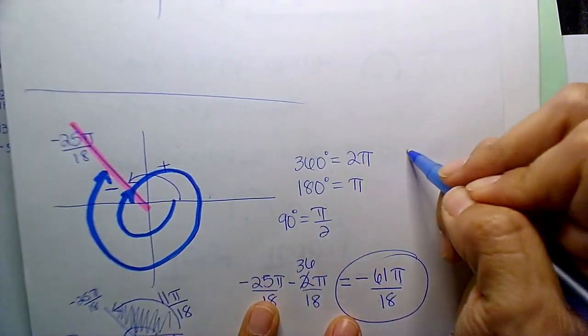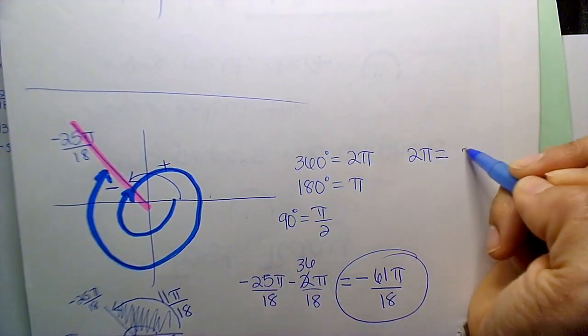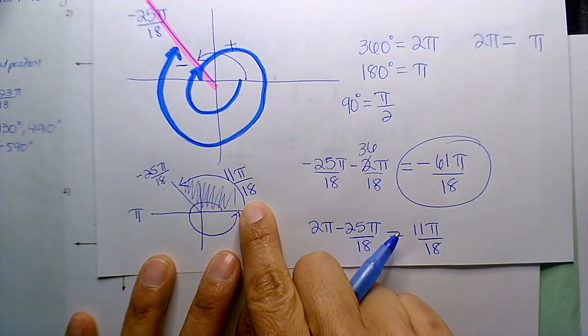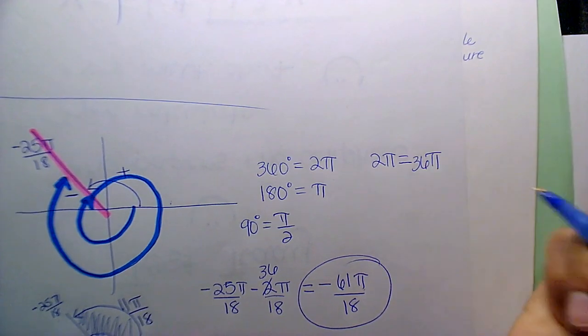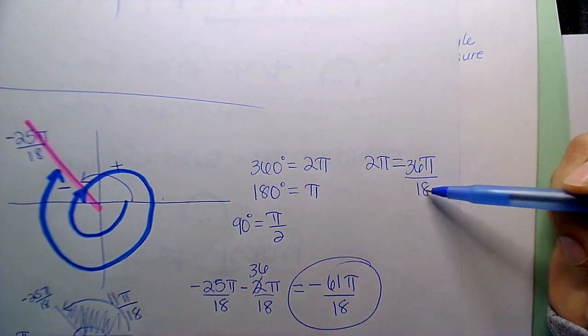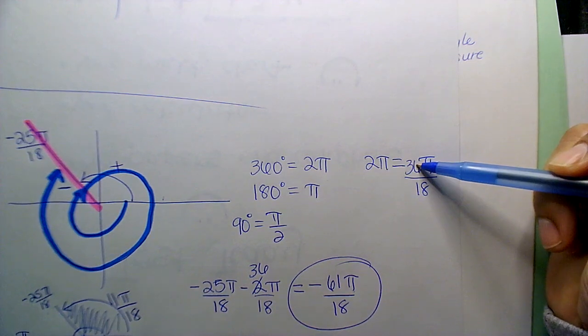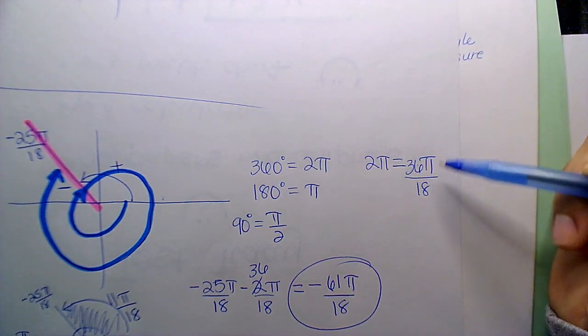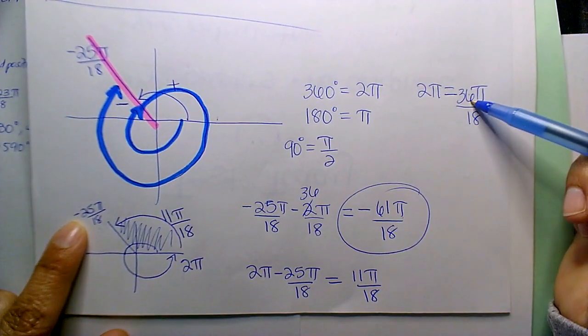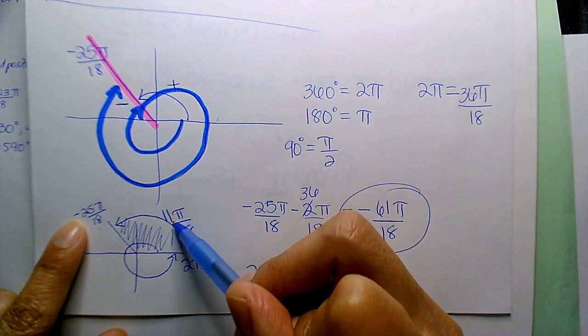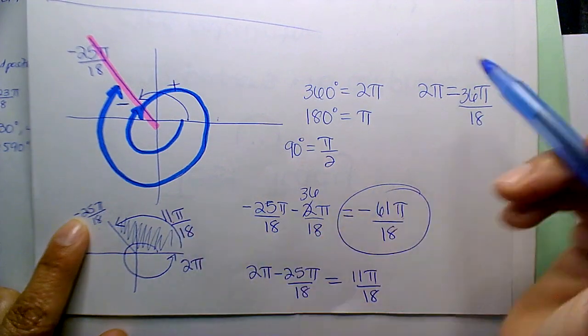Because look, what's 2 pi? 2 pi, if your denominator is 18, then that means this has to be 36 over 18, because 18 goes into 36 2 times, right? If you understand your denominators, it's easier. So this is where your fraction knowledge helps you out. So if I have 25 and 36 makes a complete revolution, then I only need 11 more. Because what's 25 plus 11? 36.